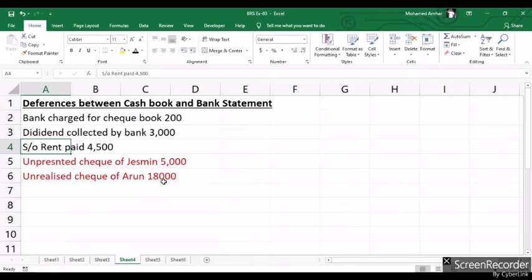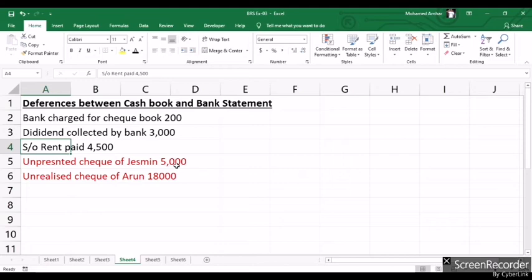So unpresented checks and unrealized checks are not business errors. Jasmine's check was issued by the business and is correctly recorded in the cash book, but it is still not presented.